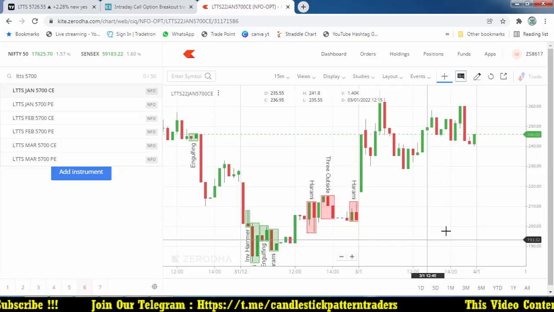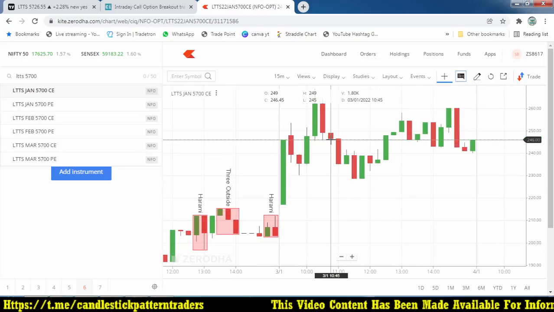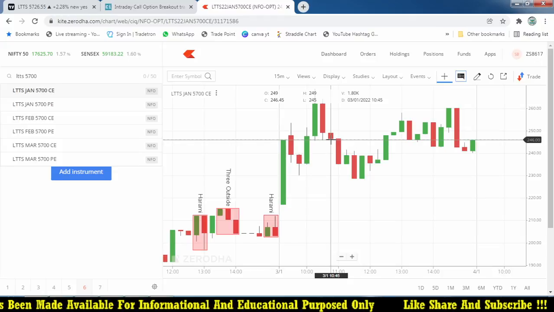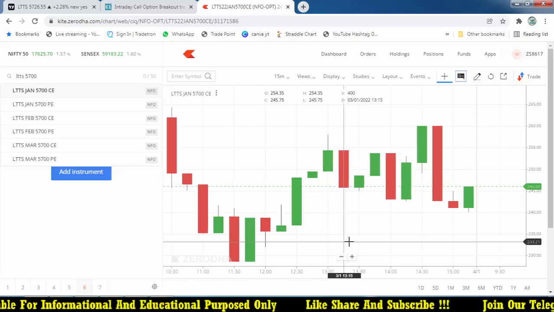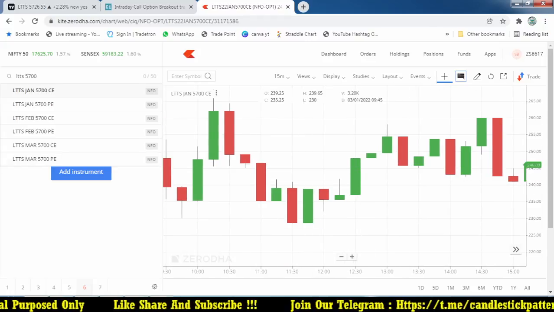So we will use the 15 minutes time frame. What exactly is the 15 minutes time frame? This one at 10:45 is the starting. The high price is 249 and the low price is 245, just a 4 rupees risk for the trade. If you are marking your entry point, 249 should be the entry point.